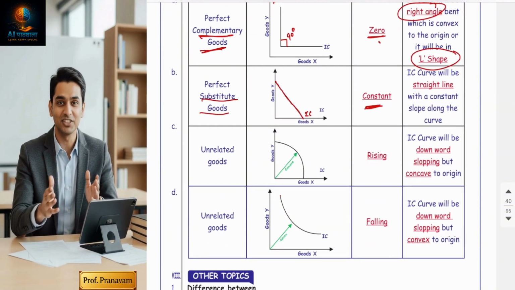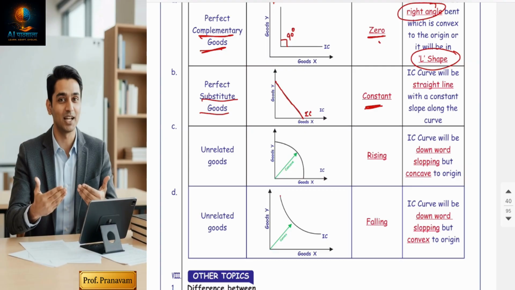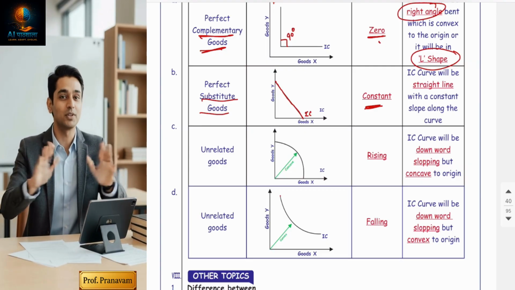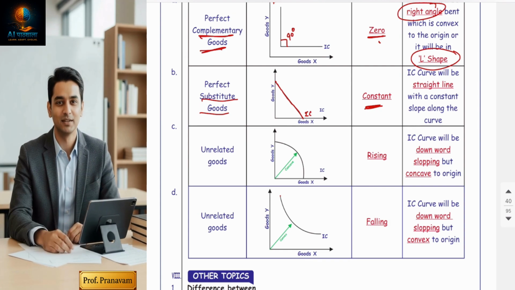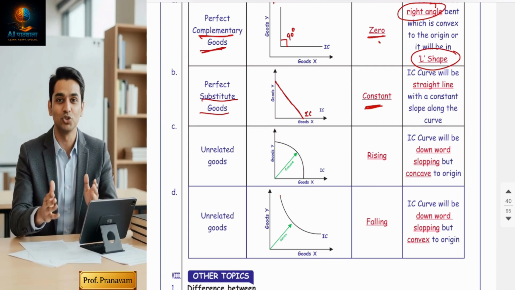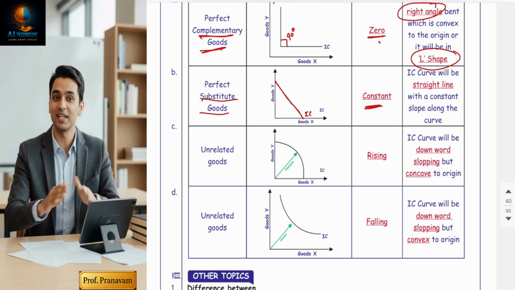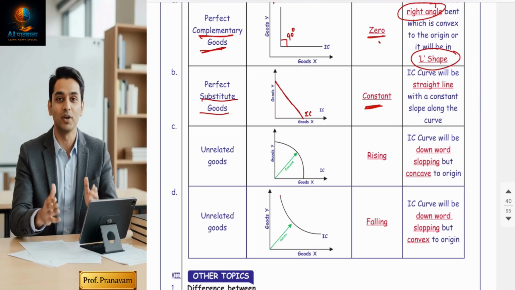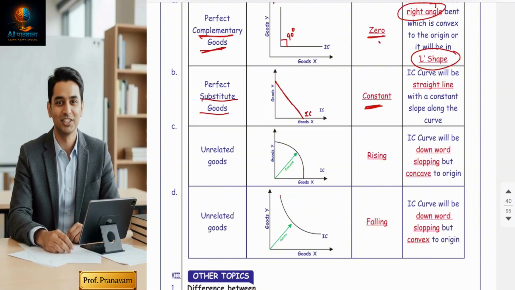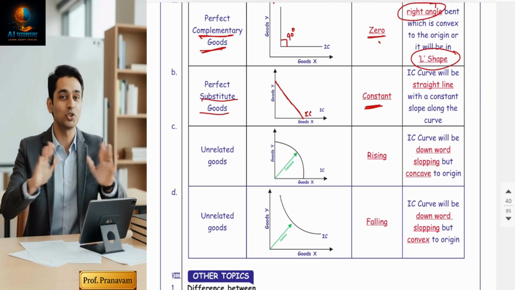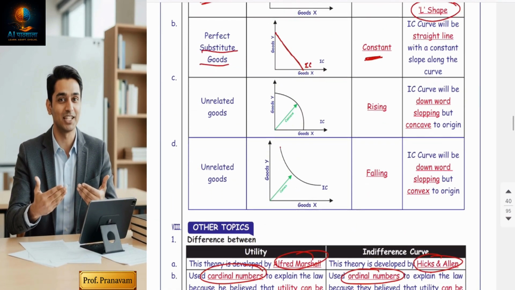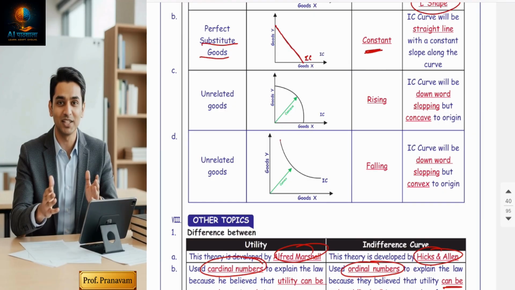If MRS is constant in substitute goods, your curve will be a flat downward sloping curve. But why? Because in substitutes, you can replace goods with one another. You're not sacrificing. For example, my demand is cold drink. Pepsi and Coke are both cold drinks only. So by sacrificing Pepsi, I'm consuming Coke, or by sacrificing Coke, I'm consuming Pepsi. Your demand is not getting sacrificed. Your demand is actually cold drink only. So your MRS will remain constant because both goods are the same.